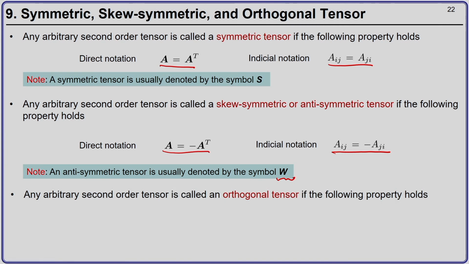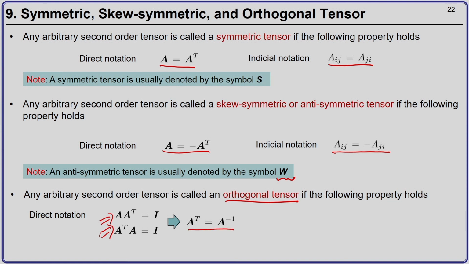Any arbitrary second order tensor is called an orthogonal tensor if the following property holds. If A is an orthogonal tensor, then A transpose A will be equal to the identity tensor, which means that A transpose is the same as A inverse.